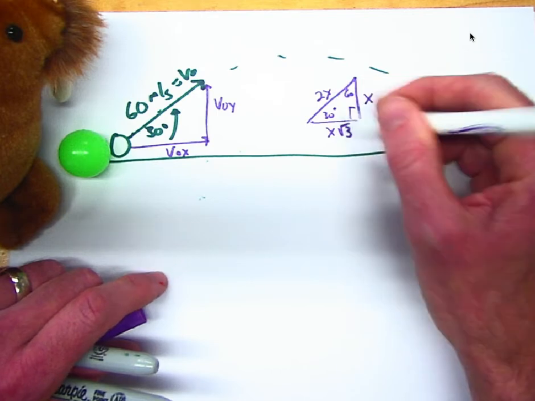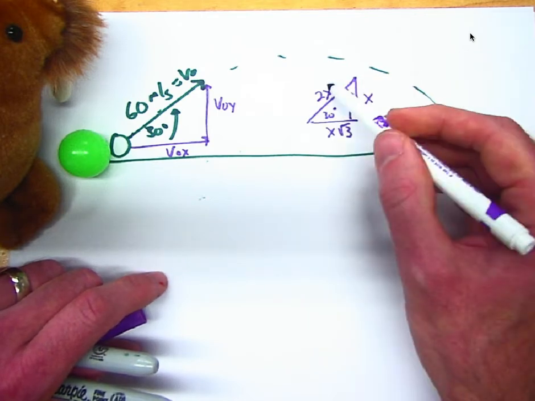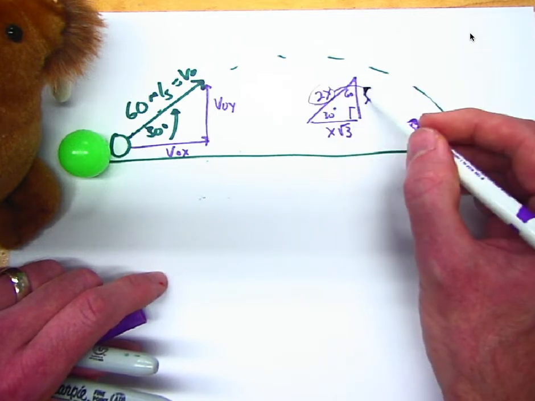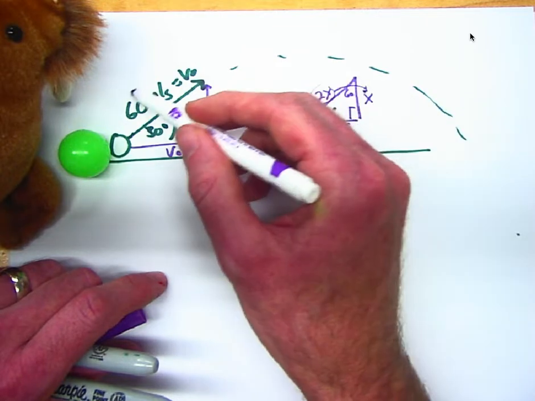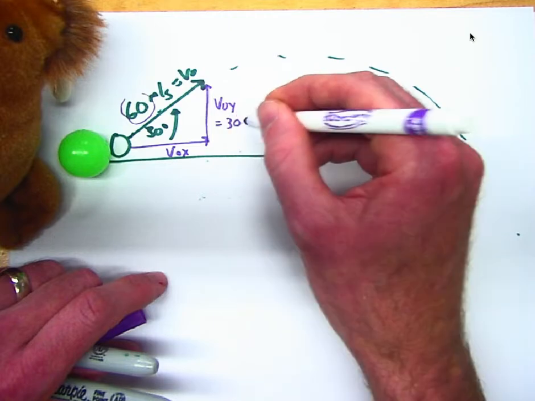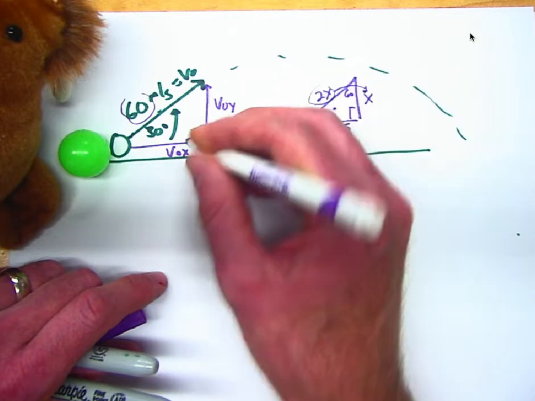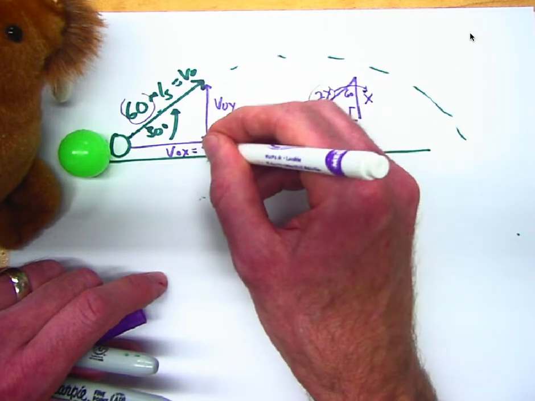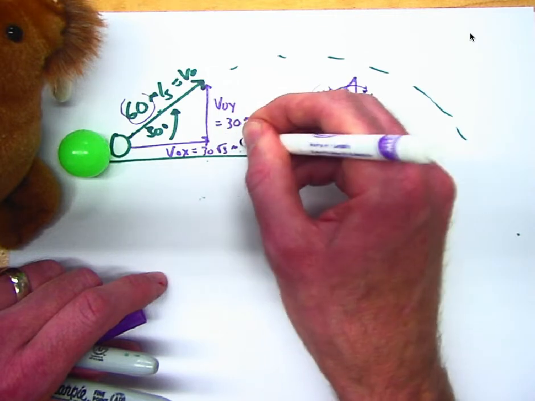So x, 2x, and x root 3. Which means if I know this one, I divide it by 2 to get this over here. So this 60 divided by 2 makes this 30 meters per second. And then this one is going to be 30 root 3 meters per second.